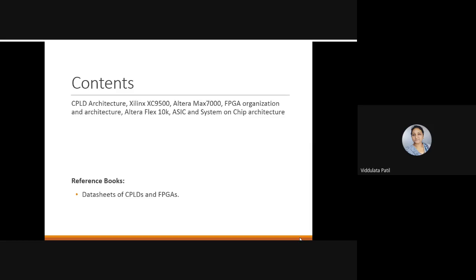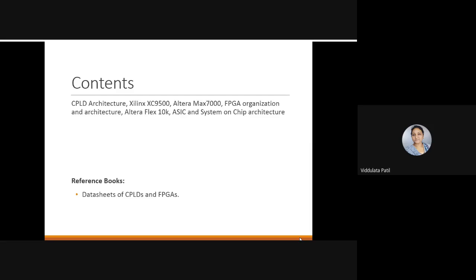And in that again, we are going to discuss one of the commercially available FPGAs, that is Altera Flex 10K. And after that, we are going to discuss ASIC, that is application specific ICs, and system on chip architecture. Okay. So what is the architecture of system on chip, that we are going to discuss here?